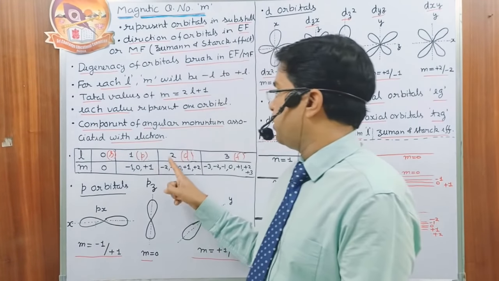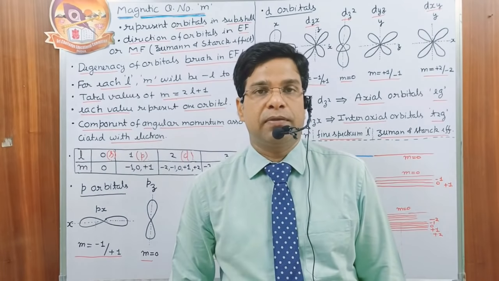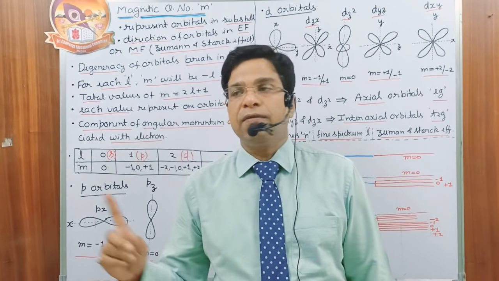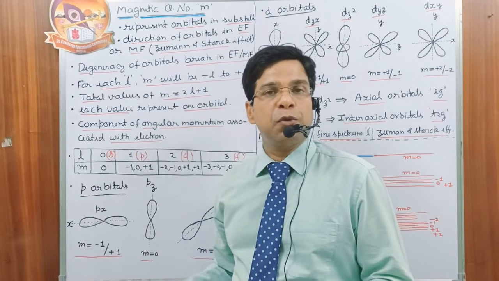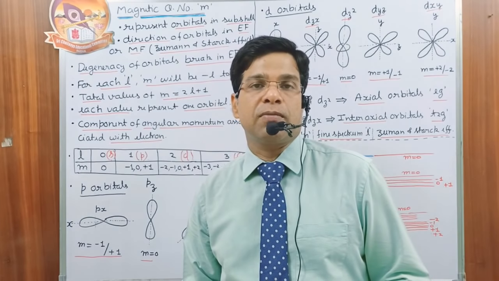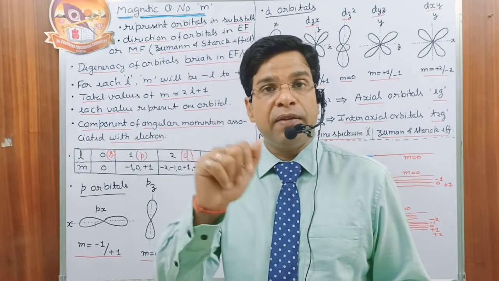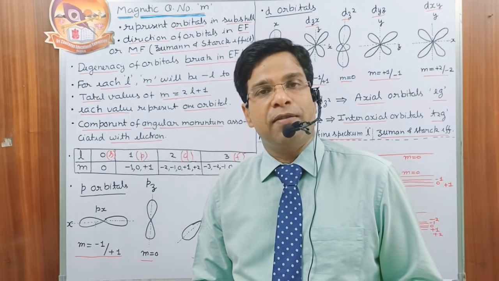Similarly, if the value of L is equal to 2, that represents the d subshell. For the d subshell, the value of M becomes -2, -1, 0, +1 and +2. Total 5 values are possible, meaning in the d subshell we have 5 orbitals. Each value of M represents one orbital.